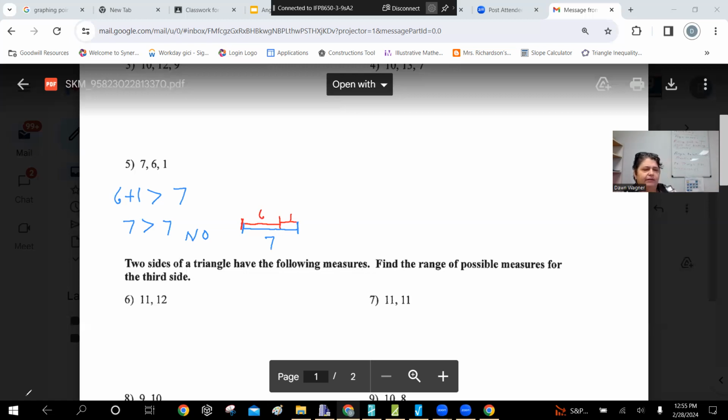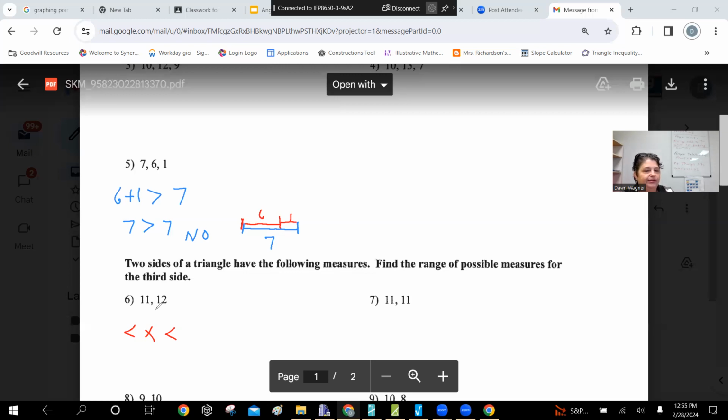Okay, so now I'm on number 6. Number 6 asks us for a range. Can you all add two numbers together? Everybody say yes. Can we all subtract two numbers? Yes. To find the range, you're going to put X in the middle. You're going to draw these signs, and that just means in between.